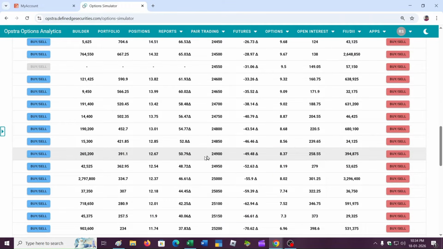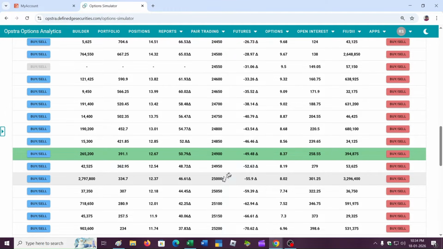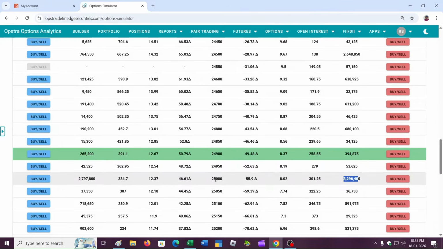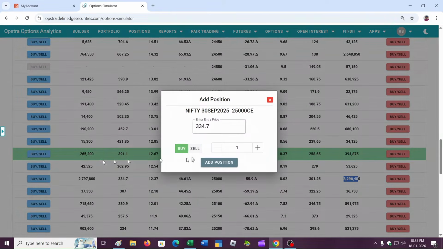At the money is 24,900. So we will sell the slightly more round figure, which is 25,000, because there will be more volume. This is also at the money because this is very near to the money. We will treat it as at the money and we will sell a put option. We will also sell a call option.